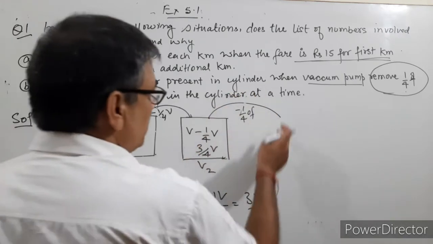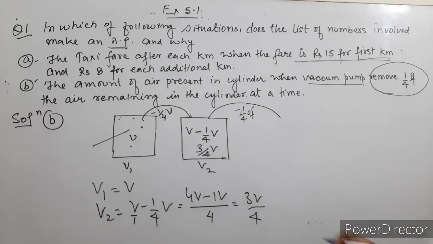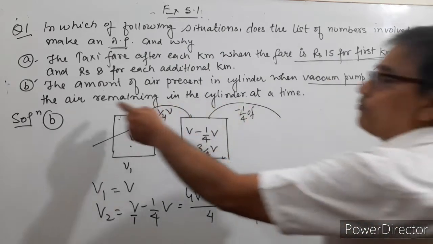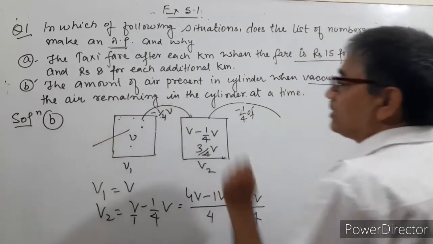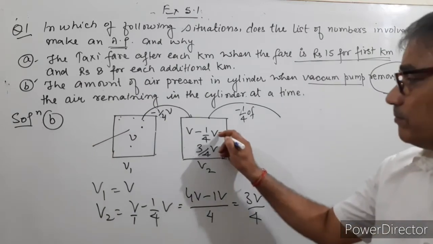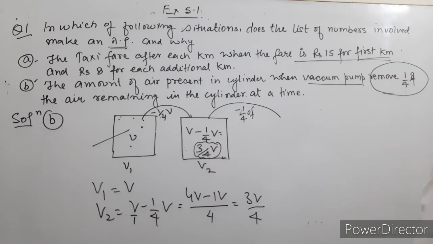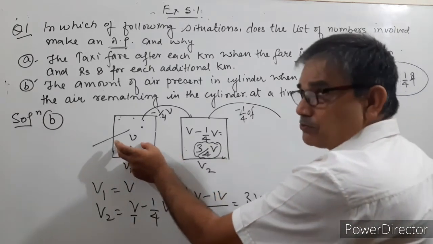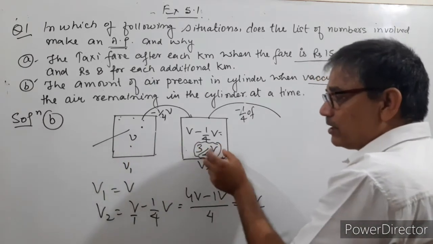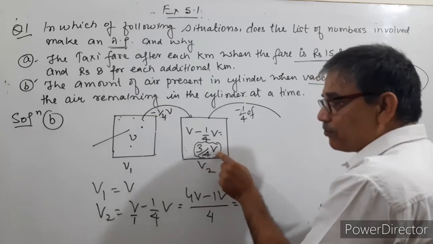And now 1/4 is removed. What is the question saying? 1/4 of the air remaining in the cylinder. And now the remaining volume inside the cylinder, this is the remaining. Here the volume of air is V. 1/4 is taken out, and the remaining volume is 3/4V.